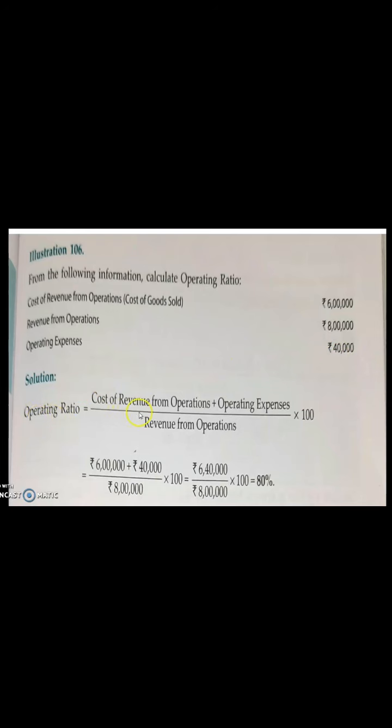Operating ratio is equal to cost of revenue from operation plus operating expenses divided by revenue from operation into 100. All the three items are given in the question. Just substitute the amount. Don't forget to write into 100. So you will get the answer as 80%. So your operating ratio is 80%. Okay, it's a very simple problem.